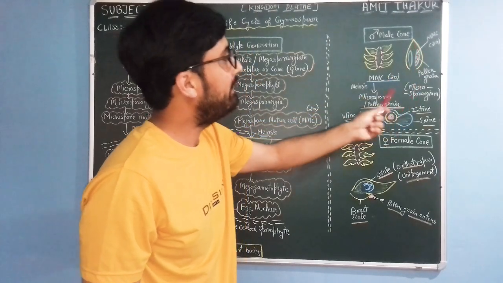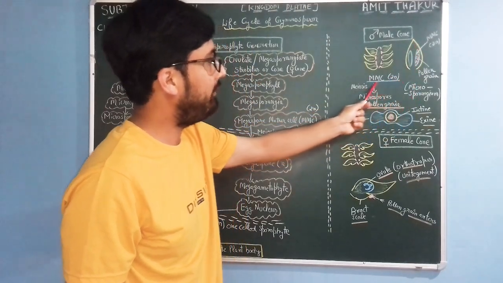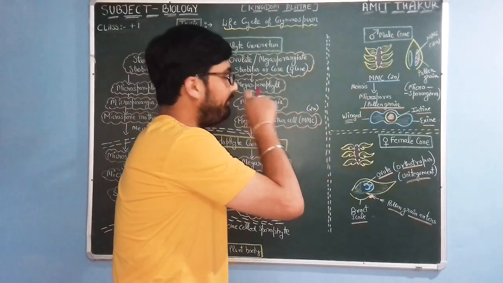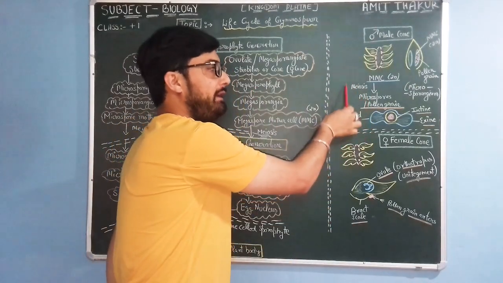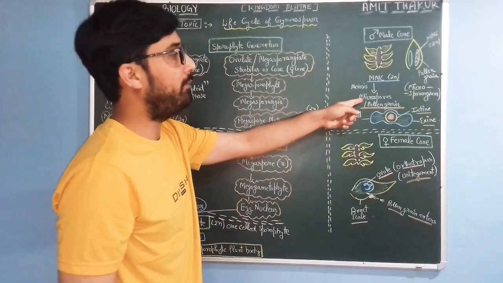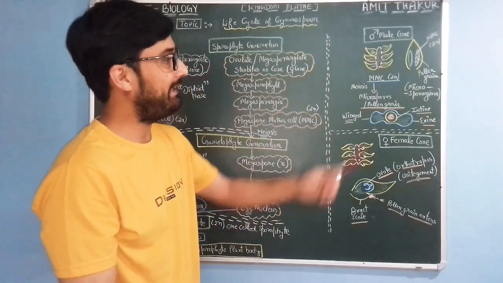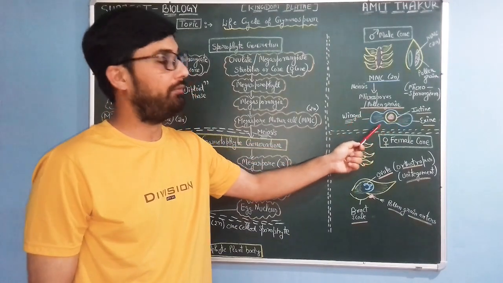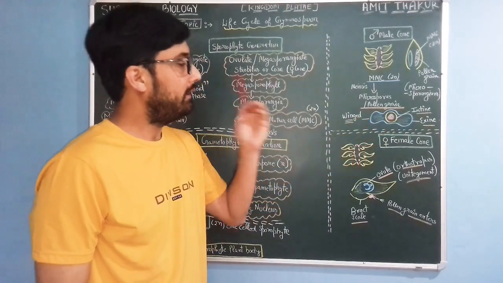These microspore mother cells, which are diploid, after meiotic division form microspores or pollen grains. This is the structure of a pollen grain in gymnosperms.